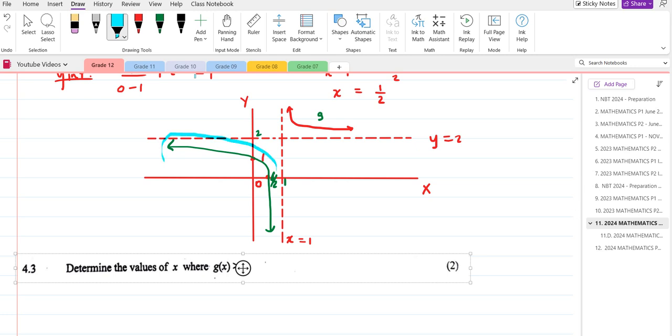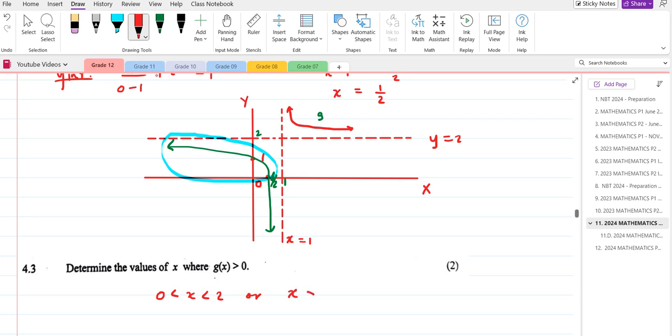All of this. That's where it is positive. So above 0, less than 2. So 0 to 2 or greater than 2. Or x is greater than 2. So that's the answer.